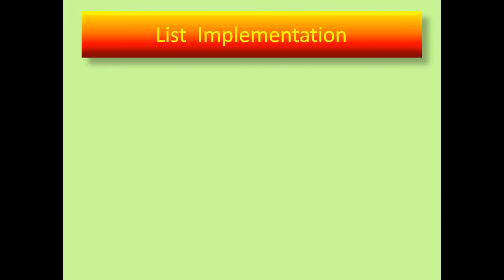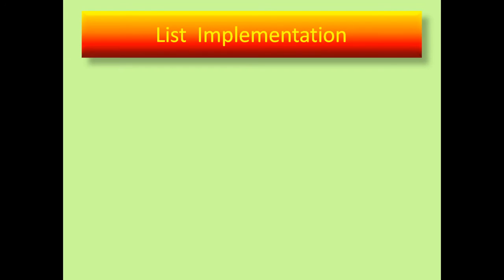As I said, we are going to see the list interface in detail in this session. Till now we have seen a few methods of the collection interface, and a few methods in the list interface. Now let's see the list interface implementation classes. List is an interface, so obviously some implementation is required.